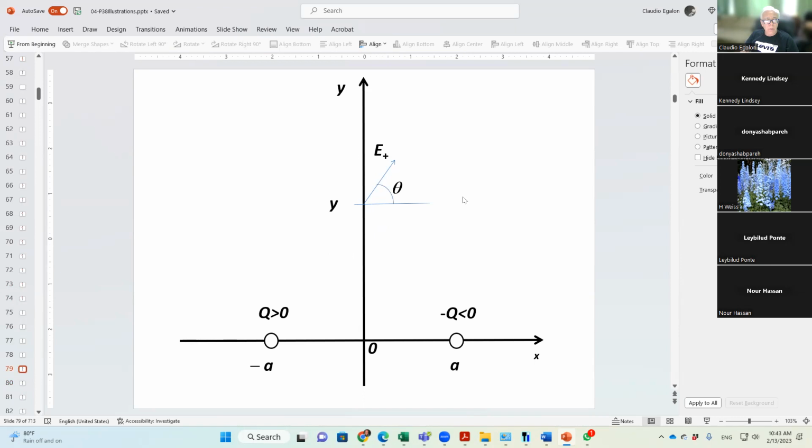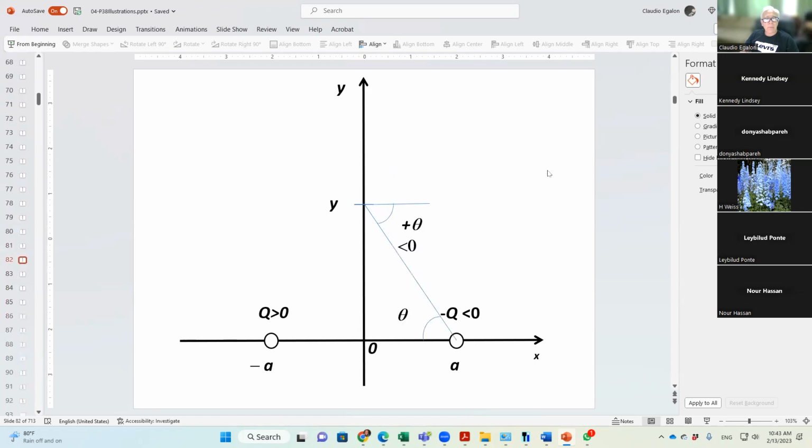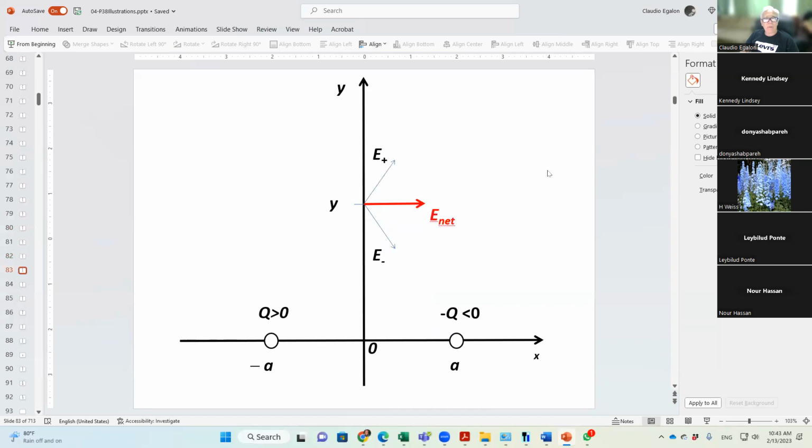Also, because this triangle is similar to this triangle, this angle here is going to be theta, and this other angle is also going to be theta, because those two angles are the same, right? What does it mean? It means that the y component cancels out and the net electric field ends up being in the horizontal, right?